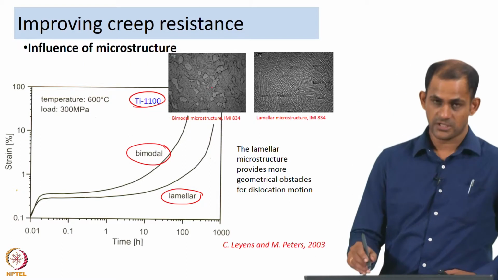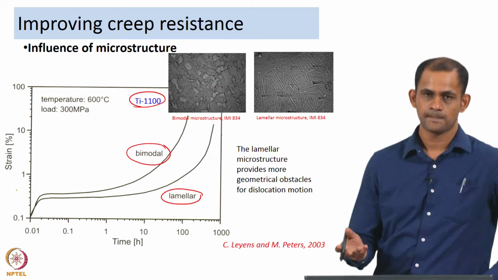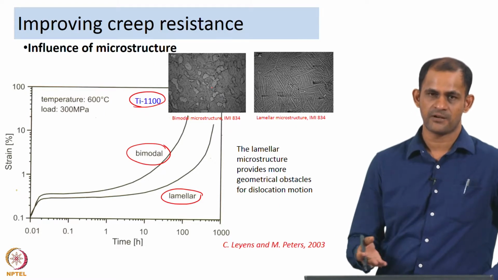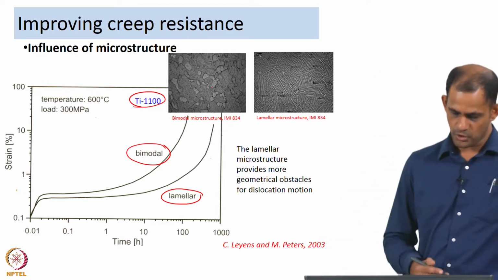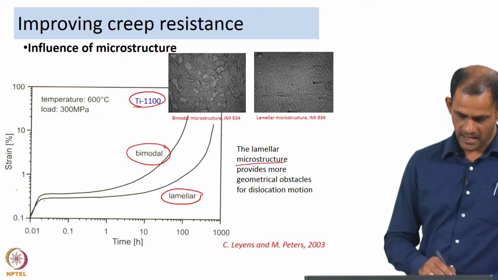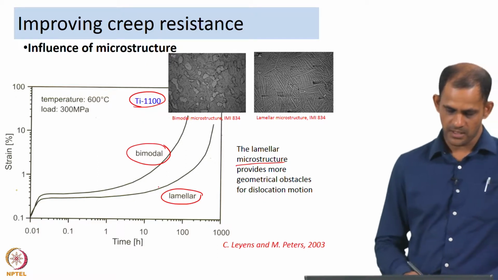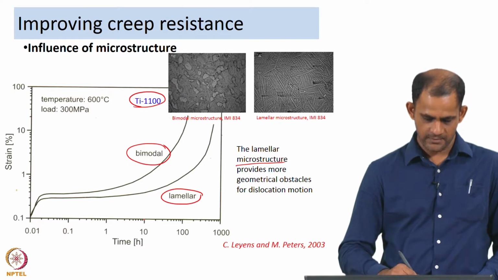So, these microstructures can be attained based on suitable heat treatments. So, your heat treatment will decide what kind of microstructure you achieve. What is being shown in this slide is that the lamellar microstructure is providing a higher creep resistance compared to the bimodal microstructure. So, let us take time t as 10 hours.